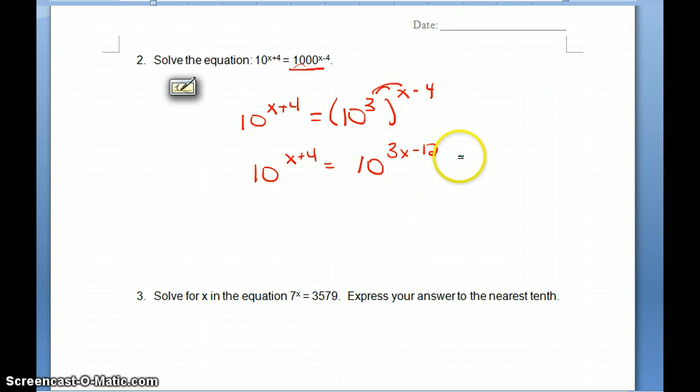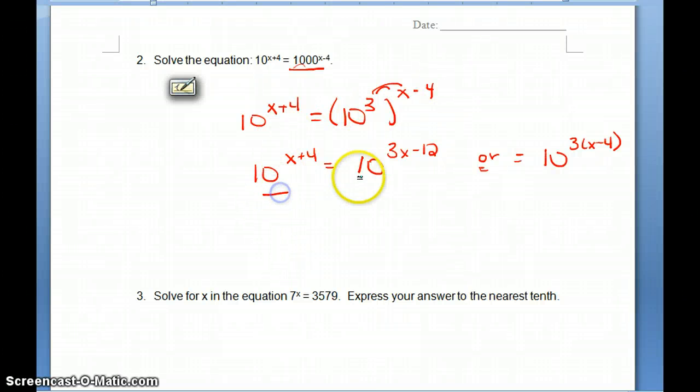Another form you could also write that in would be 10 to the 3 times x minus 4. So you don't have to distribute that in. Eventually you'll probably have to, but if you didn't want to, you could leave it in that form. It's the exact same thing.